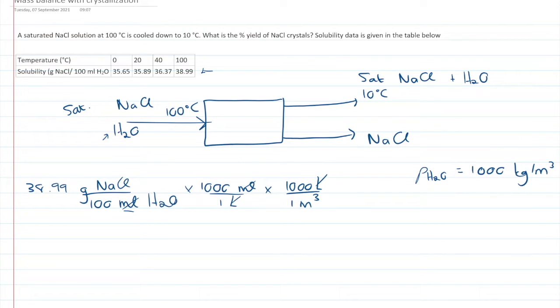Now that I have cubic meters, I can use the density. So if I want to get rid of the cubic meters, I multiply by 1 over the density. So it's 1,000 kilograms in the denominator and 1 cubic meter in the numerator. And we can just simplify that a bit.